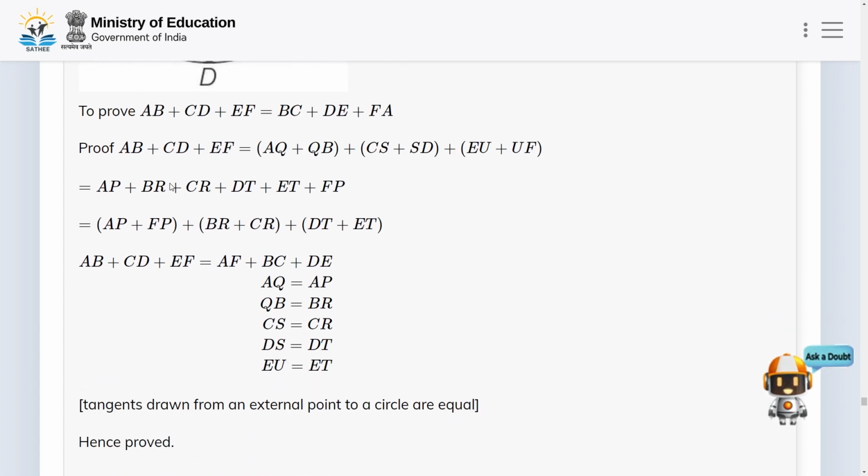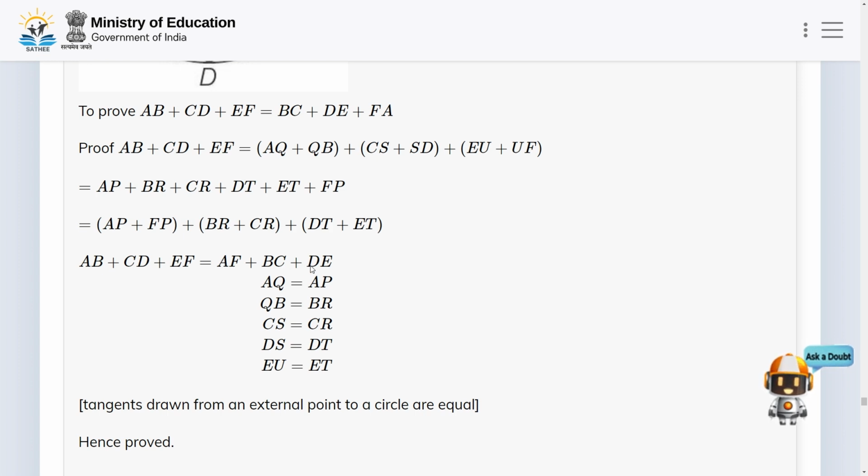Proof: AB plus CD plus EF is equal to AQ plus QB plus CS plus SD plus EU plus UF, and this is equal to AP plus BR plus CR plus DT plus ET plus FP, which is equal to AP plus FP plus BR plus CR plus DT plus ET. So AB plus CD plus EF is equal to AF plus BC plus DE.